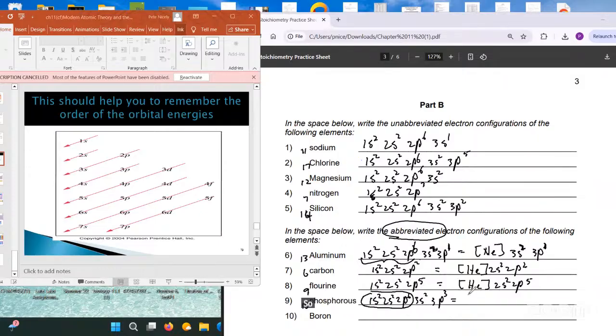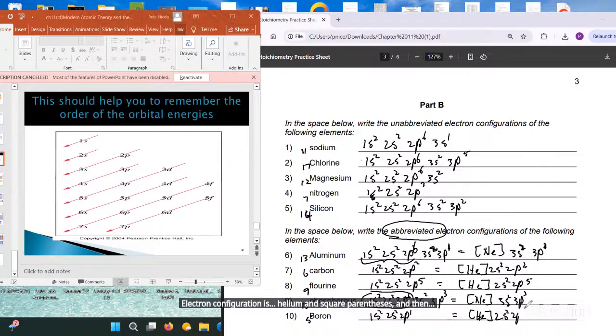So we're going to put the neon symbol in square parentheses, then 3s2, 3p3, right? And then boron, what's the atomic number of boron? 5. So 1s2, 2s2, 2p1, which means that the abbreviated electron configuration is helium in square parentheses, and then 2s2, 2p1. That's how that is done.